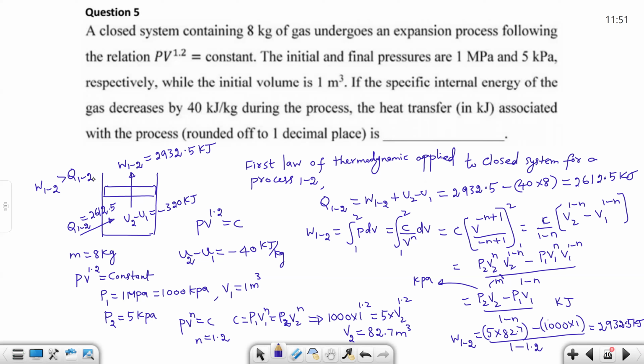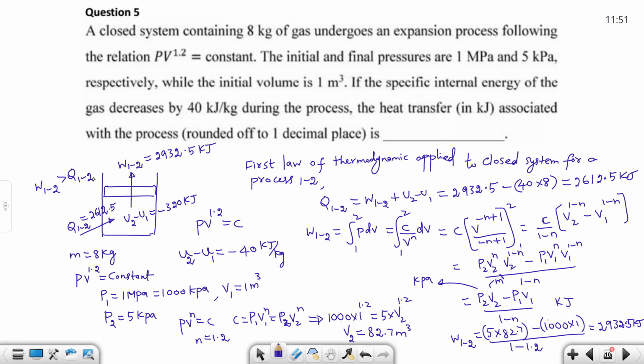So the work is extracted not only from the heat that you supplied, but also from the mass inside. So the internal energy of the mass is also extracted as work. So the expansion work is not only taking the heat, but also extracting work from the mass of the system.